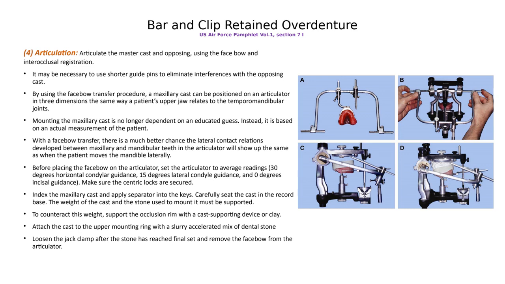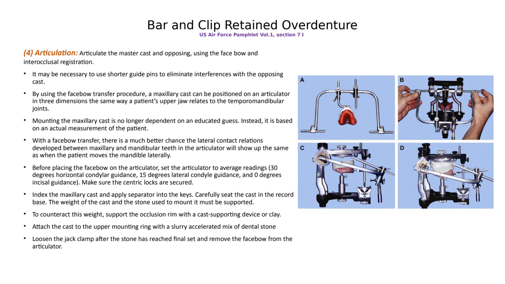There is another method that can be done using an articulating table, if the doctor doesn't take a Facebow and takes a bite registration instead. But that is not very accurate, and it's a little bit more complicated.